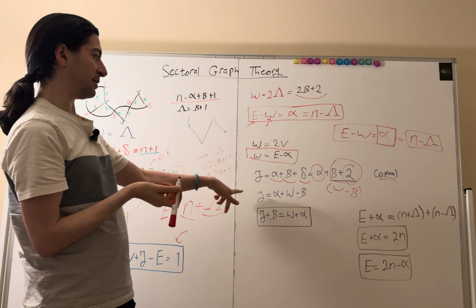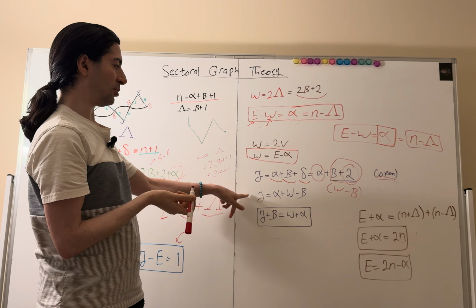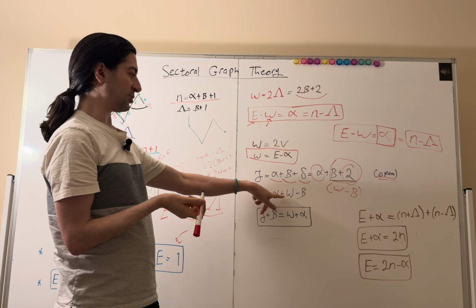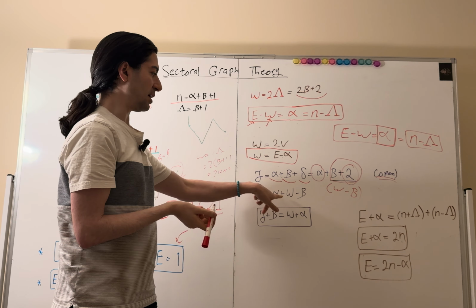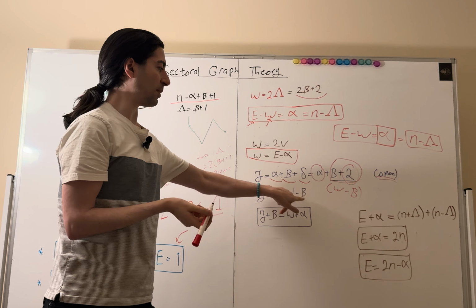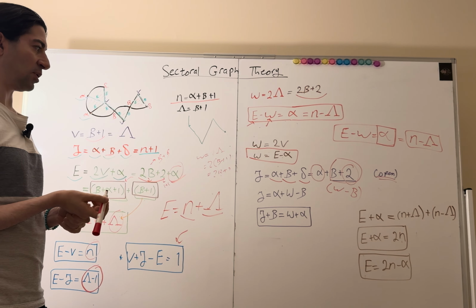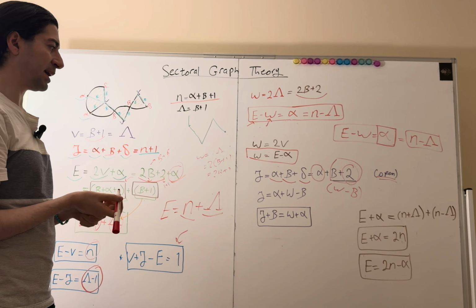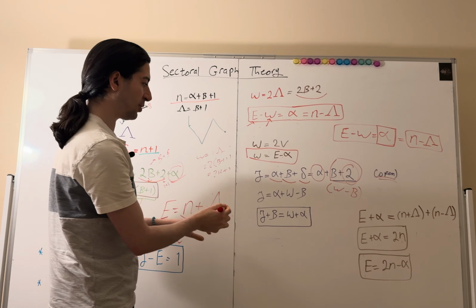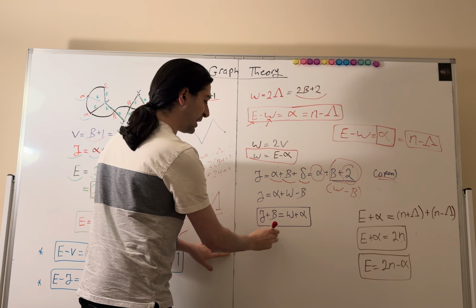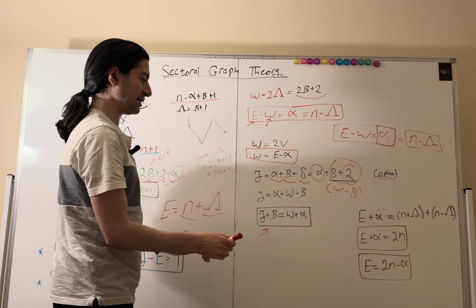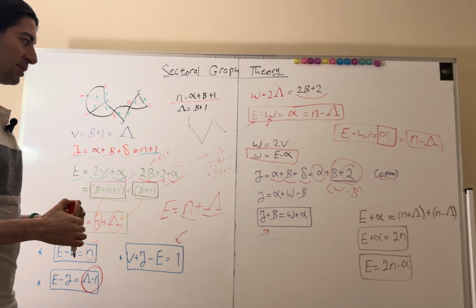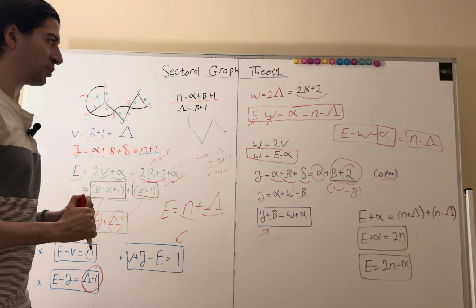So the total number of joints can also be written in terms of the walk. So it will be equal to alpha plus the walk minus beta. So we can rearrange this into the following rule. J plus beta is equal to W plus alpha. So another nice way to correlate these.